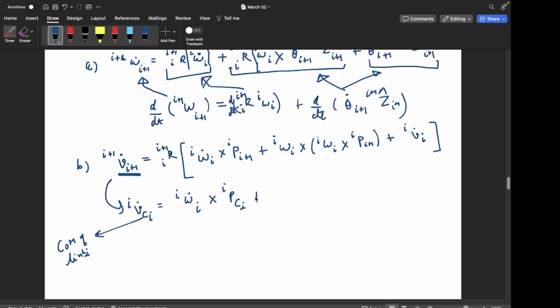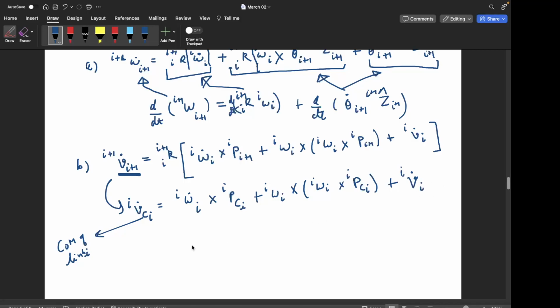Plus the omega cross omega cross r term, the centrifugal term, and again the position vector would be not up to the other joint, but up to the center of mass only. And finally this quantity.